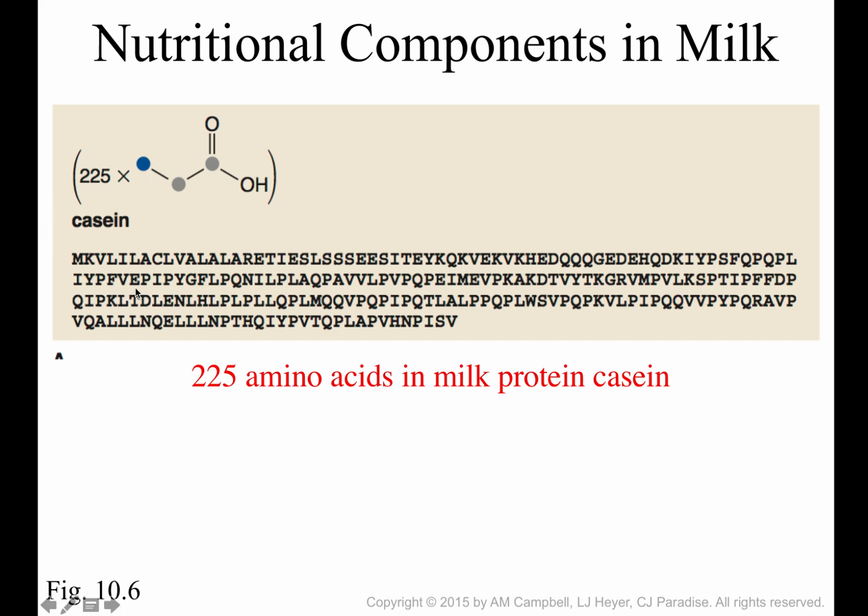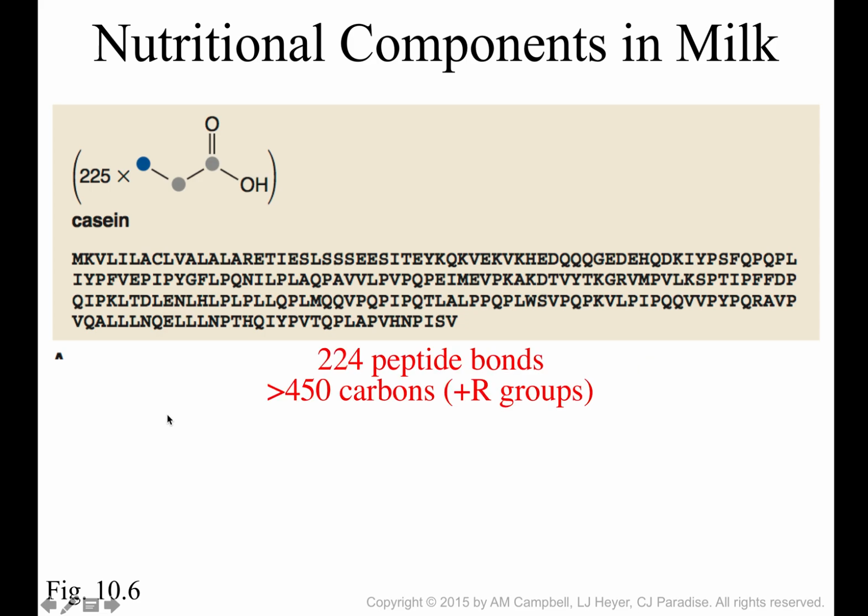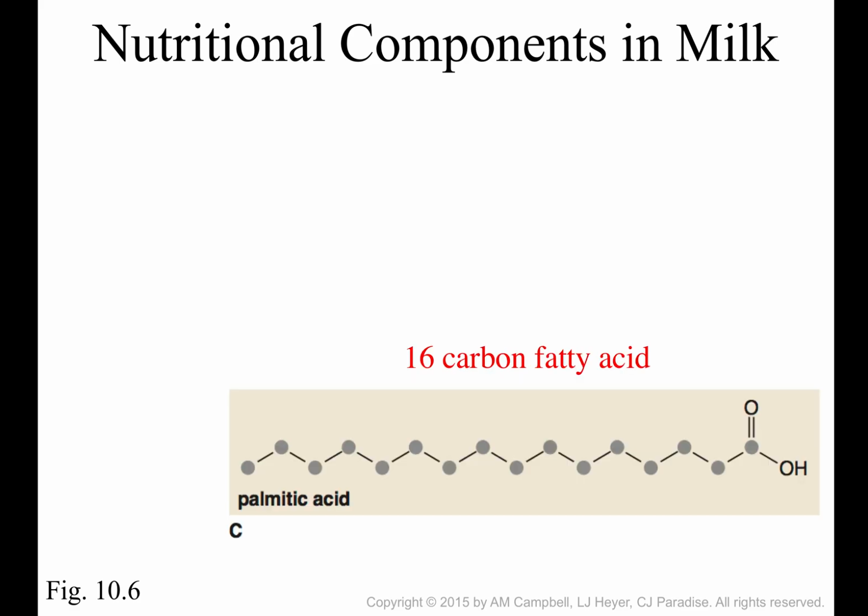This is the one-letter code for the primary sequence of casein: methionine, lysine, valine, leucine, isoleucine, leucine, etc. So how would you digest this sort of thing? 224 different peptide bonds, over 450 carbons, including the R groups.